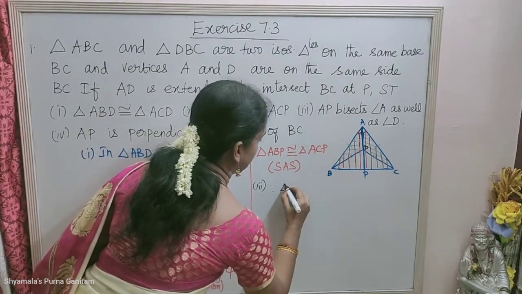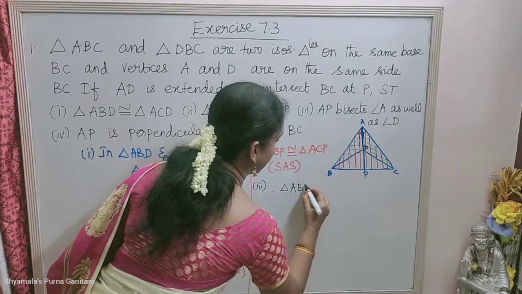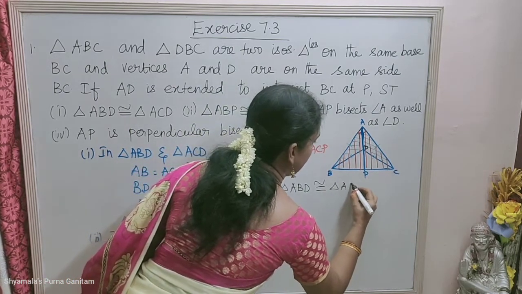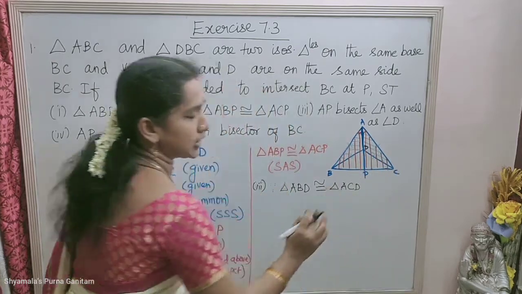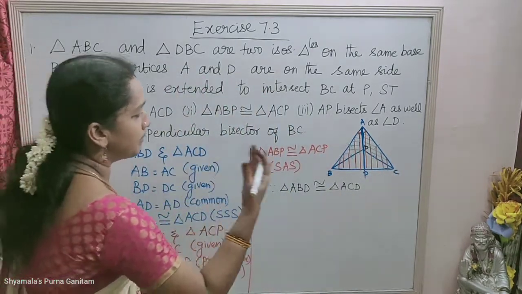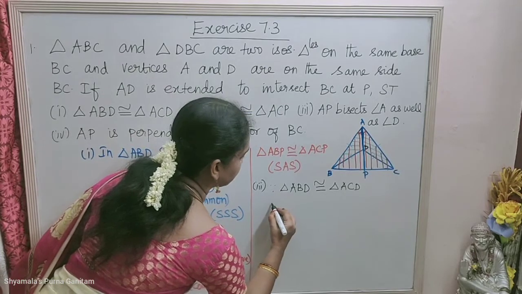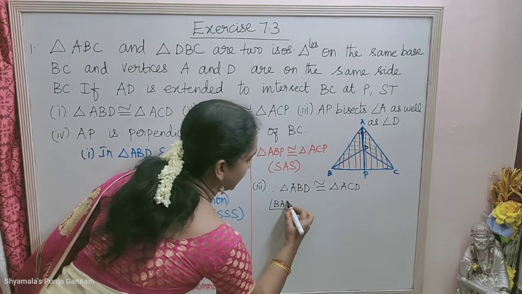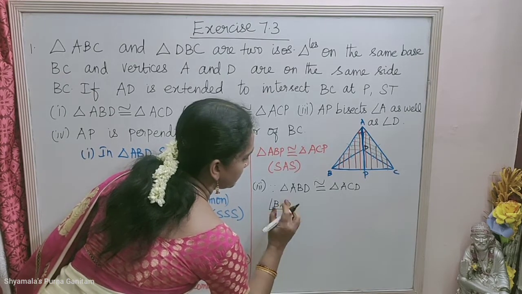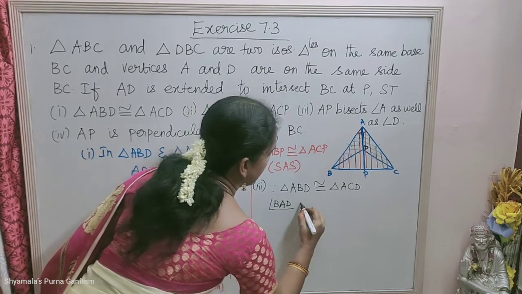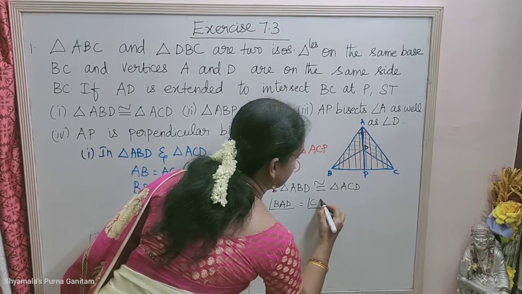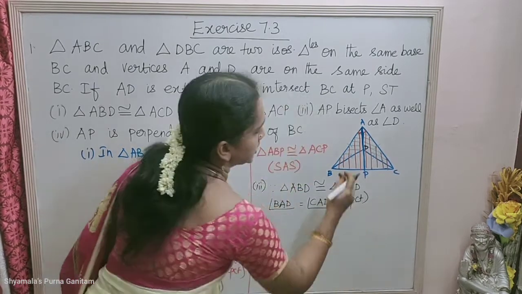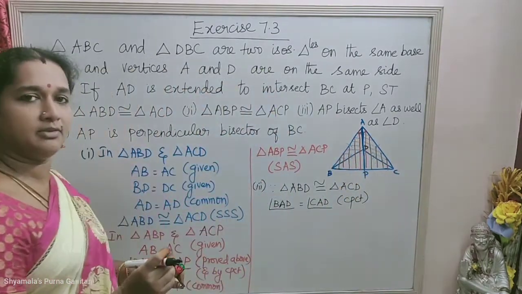Since triangle ABD is congruent to triangle ACD, by CPCT we can say that angle BAD is equal to angle CAD.